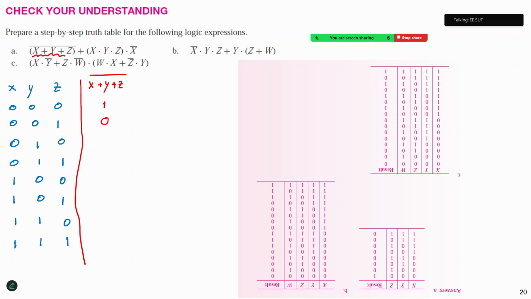The same for the following rows: 0 or 1 is 1 and the inverse is 0; 1 or 0 is 1 and the inverse is 0; and so on, the inverse is 0.